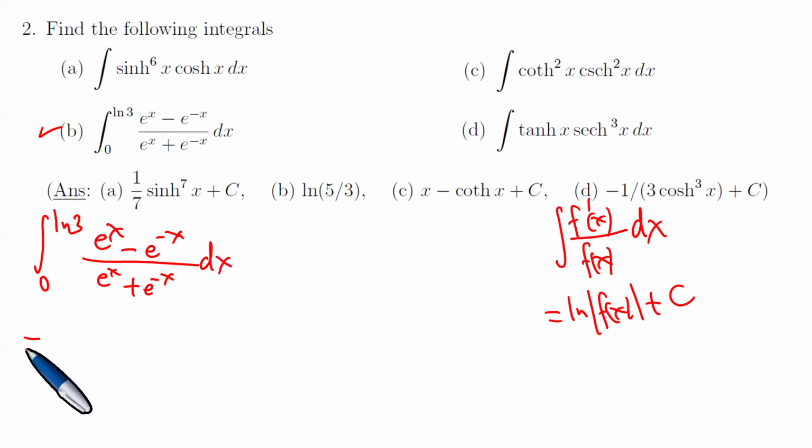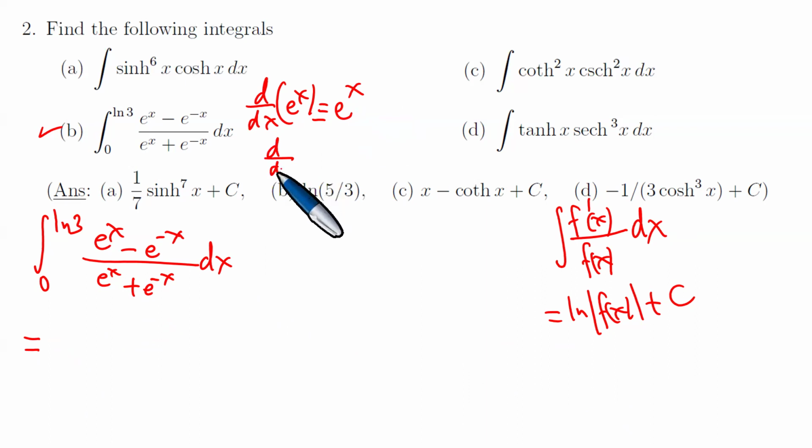Now, this one is easy. You can do it in one step, because the derivative of e to the power x is just e to the power x. Each time you differentiate e, it remains the same.